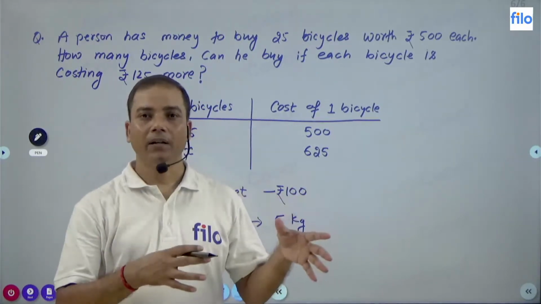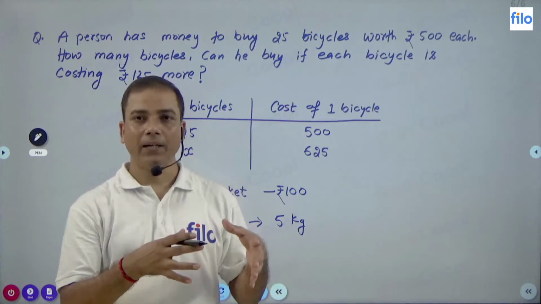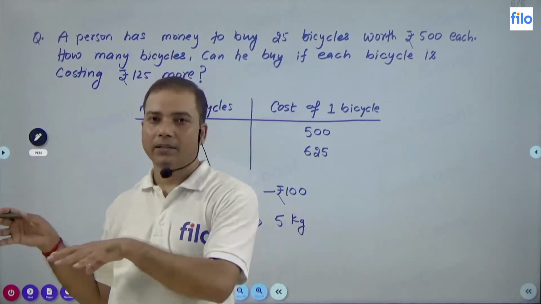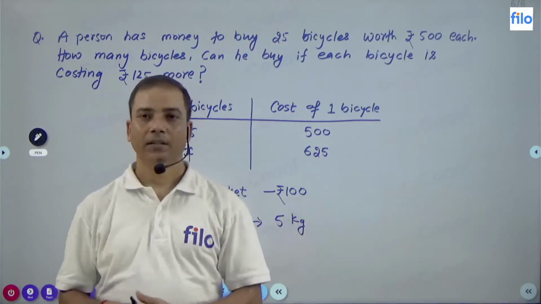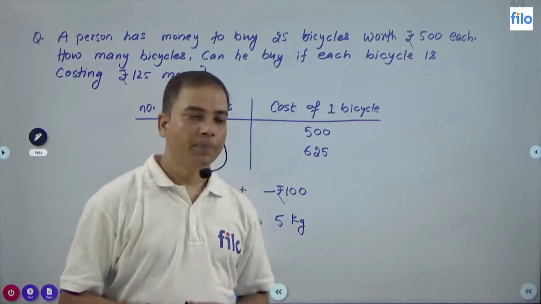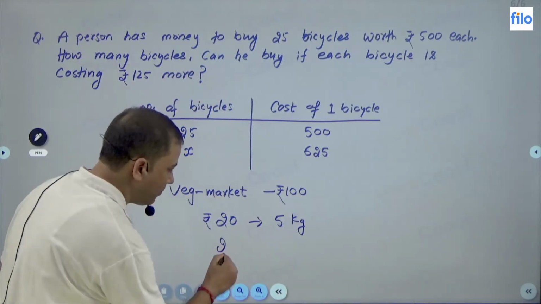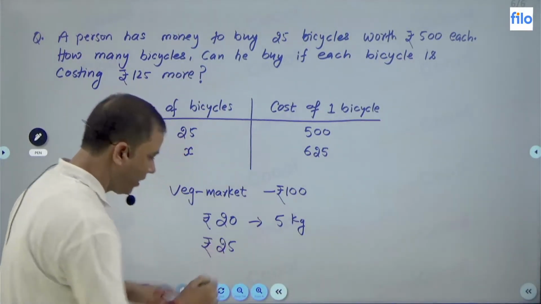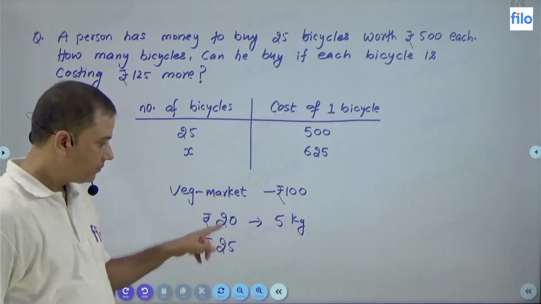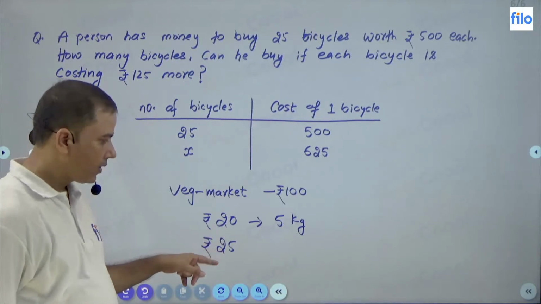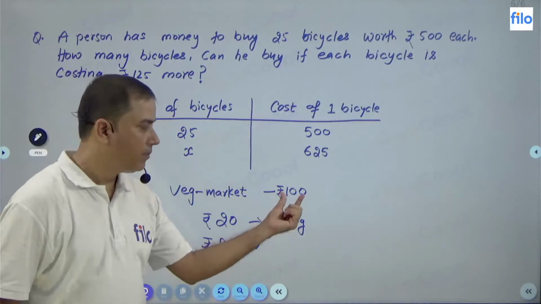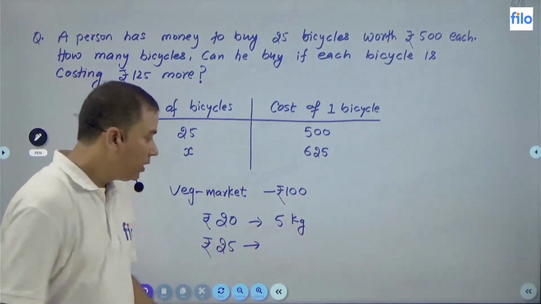When I go to the market with my bag and ask for the rate, the shopkeeper tells me it's now 25 per kg. Does the cost per kg increase or decrease? Increases. How many kgs will I be able to buy for the same money? So 4 kgs. Only 4 kgs.